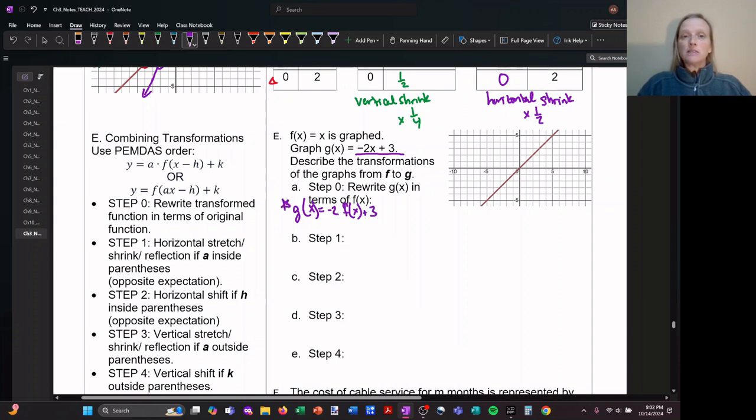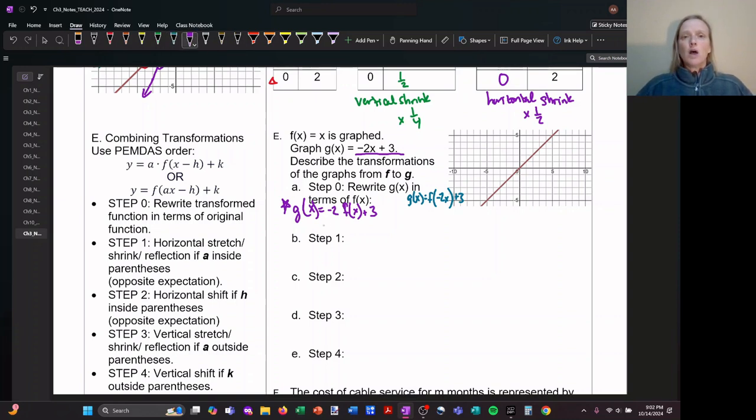And this is what I'm going to move on to describe, but you could make the argument that the multiplication happens inside parentheses. You could have said g of x equals f of -2x plus 3. That would be a correct interpretation as well. But right now I'm going to focus on the purple graph.